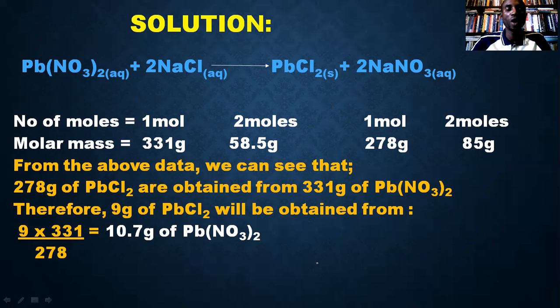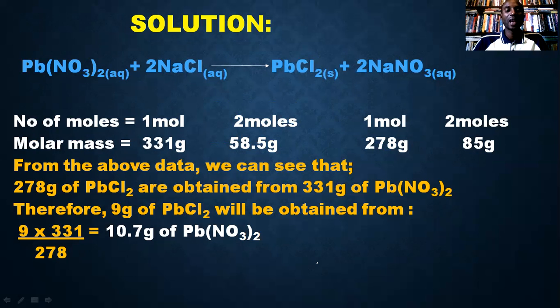Now you find the molar masses of lead nitrate, sodium chloride, lead chloride, and sodium nitrate. When you do that, from the above data, we can see that 278 grams of lead chloride are obtained from 331 grams of lead nitrate.